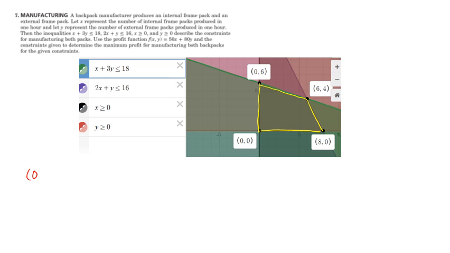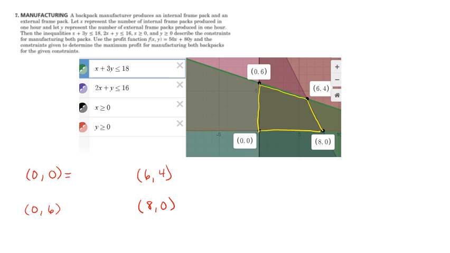So that's producing no internal, no external. (0, 6) would be no internal frames and 6 external frames per hour. (6, 4) would be 6 internal backpacks and 4 external per hour. And then finally (8, 0) would be 8 internal, no external backpacks per hour.